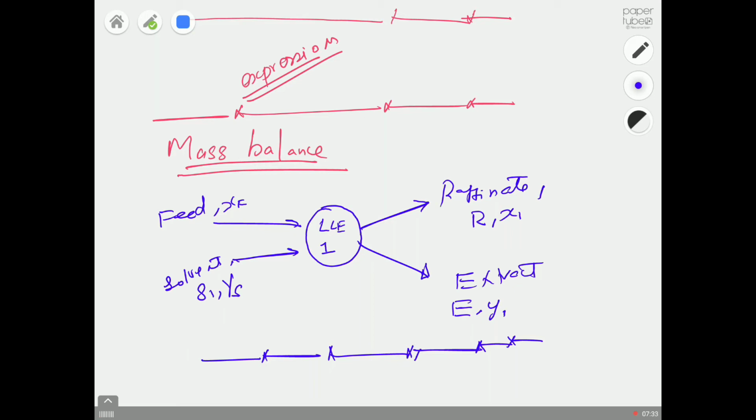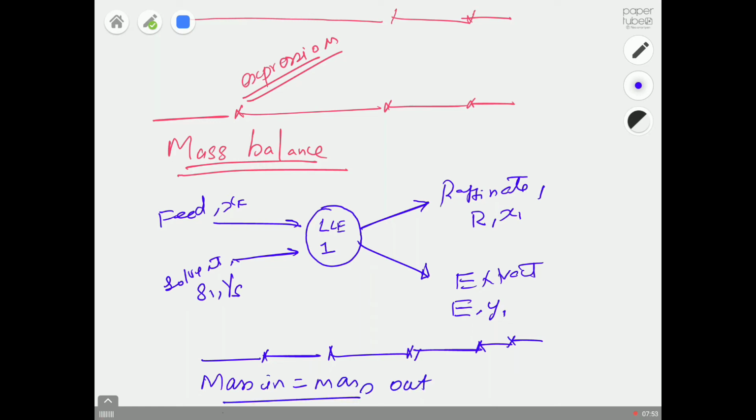So let's derive this one. It's not even a derivation. We are going to state the obvious things in a mathematical way, using the notations which we assigned. We know that mass in is equal to mass out.